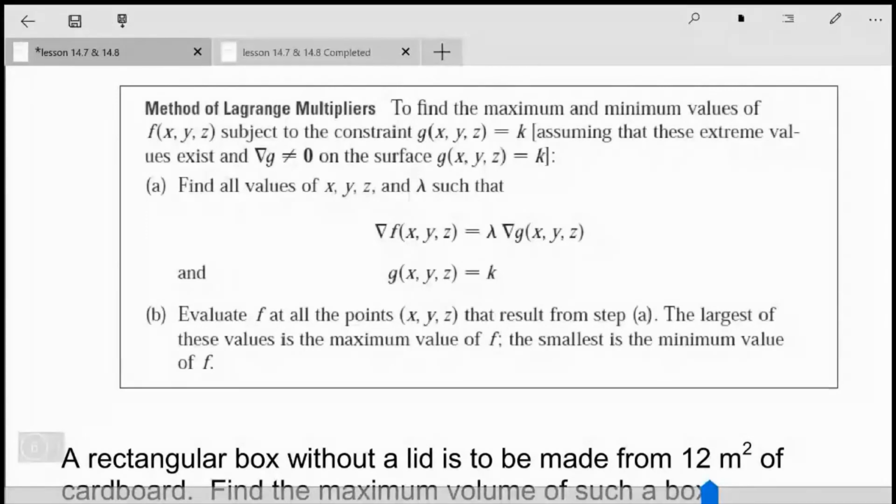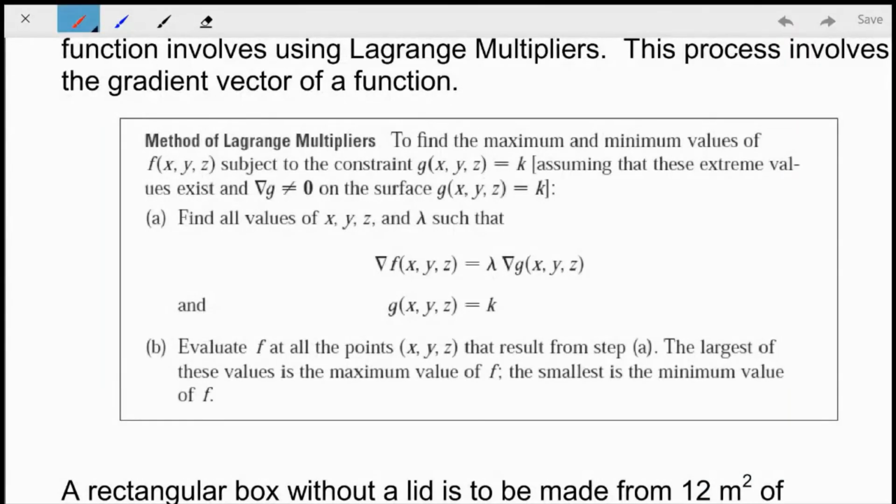And if our gradients are parallel, that means this has to be true: the gradient of the function we're trying to optimize has to be a scalar multiple of the gradient of our constraint function. Okay, so now where this gets a little complicated is, yes, that's a good starting point.